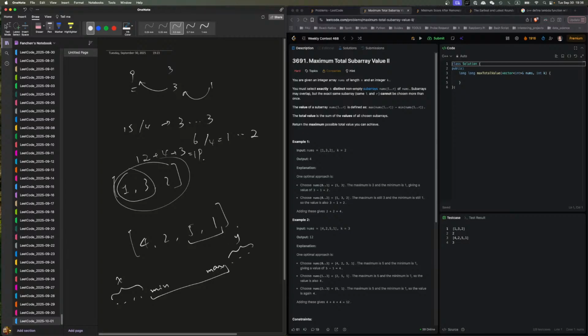So the total number of subarrays that contain this is (x plus 1) times (y plus 1), right? So in this case, x is 2, so it's 3 times this is 1, so we have 3, which is a match.